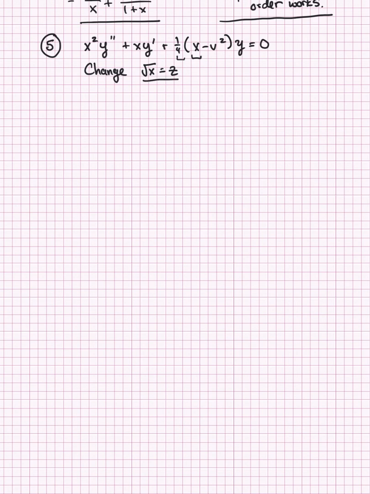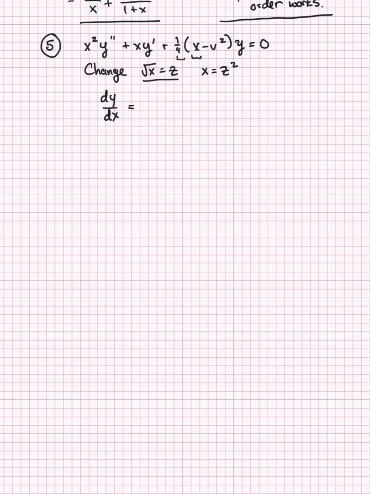So we have z is the square root of x. So I'll just write x is z squared. We also will want to write dy/dx and the second derivative of y with respect to x in terms of something involving z, and that will be the equation that we then solve.